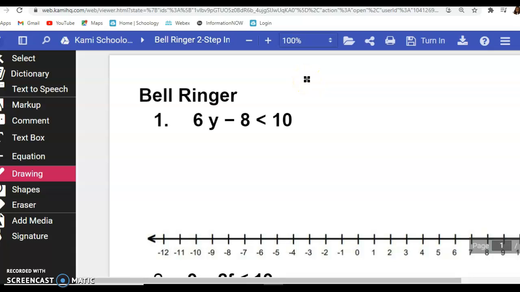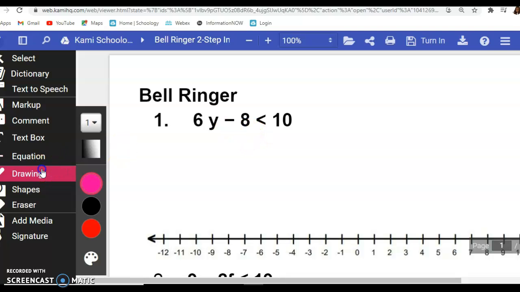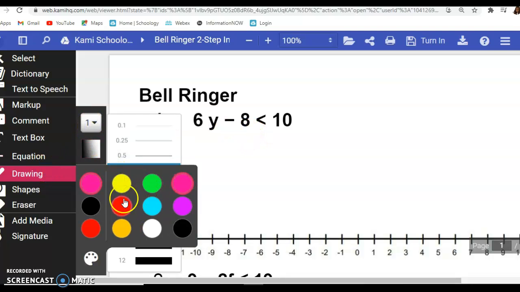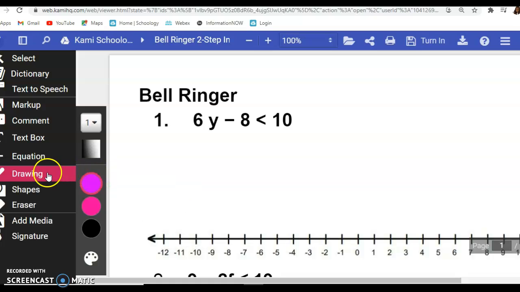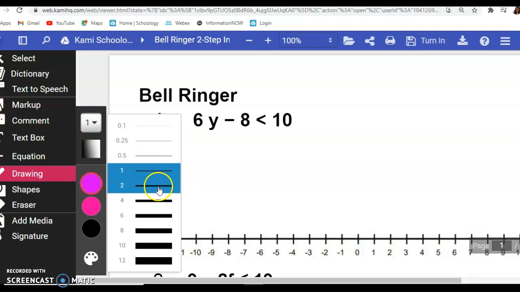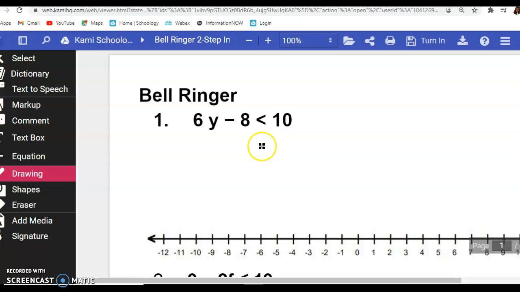Okay, so looking at what we have here, from the previous video we learned how to do one-step inequalities. So what we're going to do first is add 8 to both sides, right? So that we can get this 6y alone.